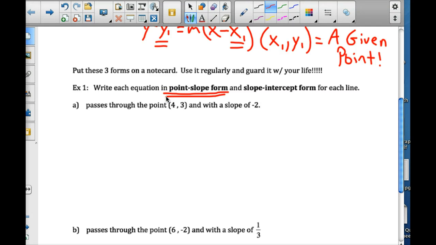Underline those words, the form that you want to put one of your answers in. And this stinks for you guys because you have to do something else: slope intercept form for each line. So you're going to do two things: point slope form and slope intercept form.